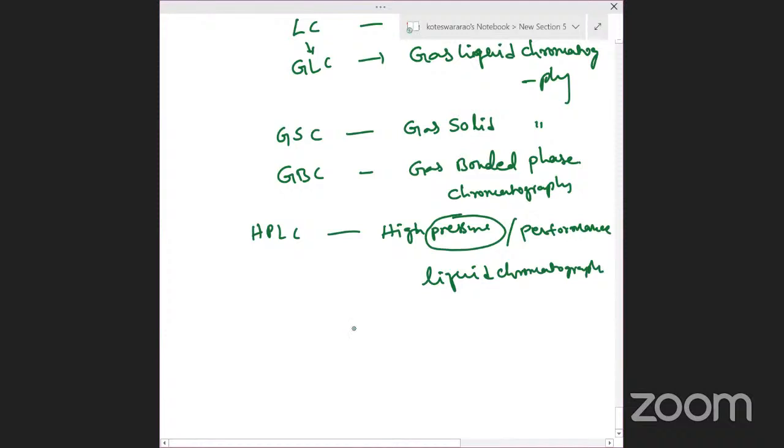Another term is HPTLC. First, you need to know what TLC is. TLC is thin layer chromatography.